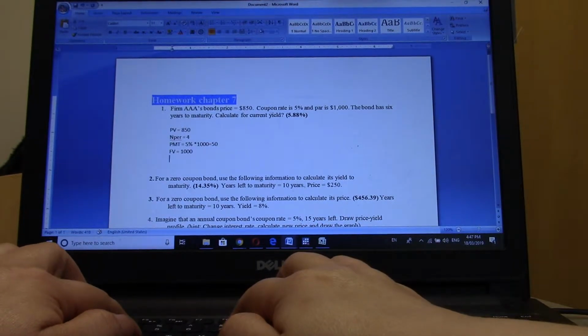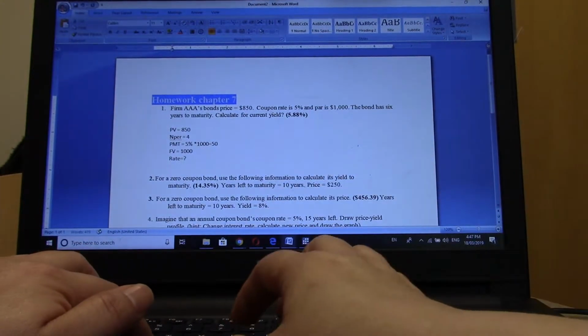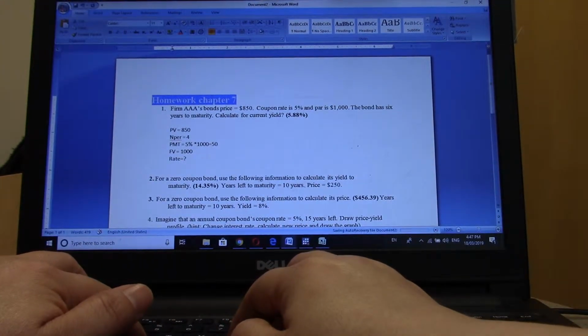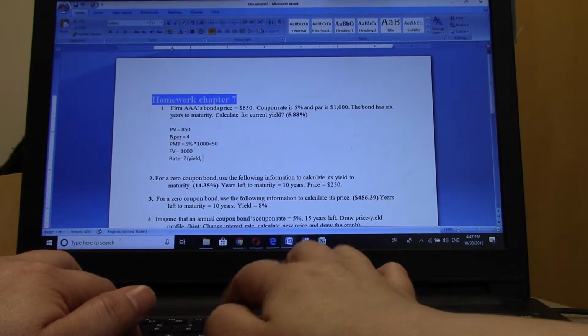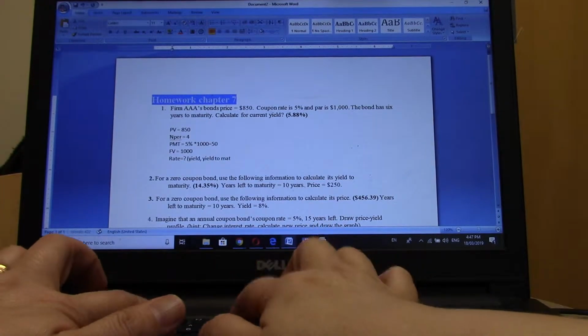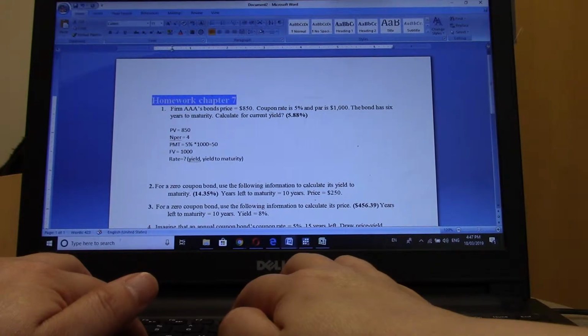So you see the question. You see the rate is unknown. But however, the question is not asking for rate. Another name for rate is yield, or yield to maturity. But the question is asking for current yield.